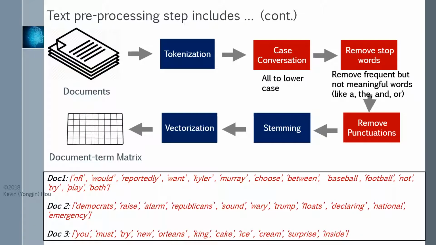Well, stop words are the frequently used words but do not carry a lot of meaning, such as the, and, or, which appear a lot in any sentences or any documents. Those words do not carry a lot of good information for our purpose, which is to identify the topics in documents. So we want to remove those words because they are not so useful.